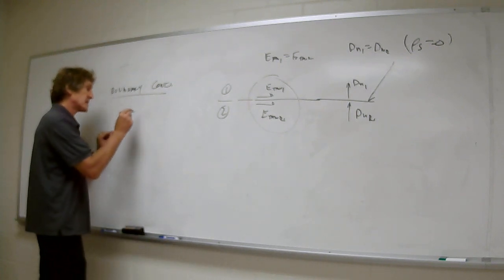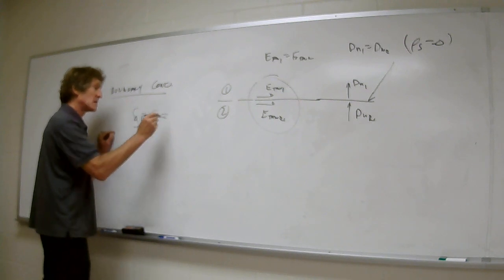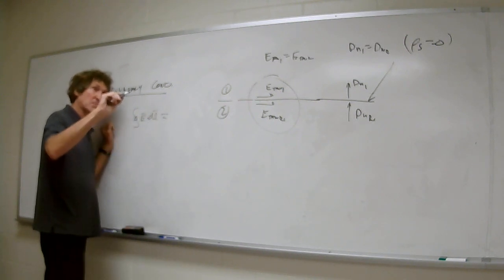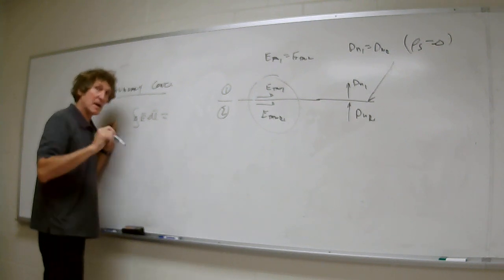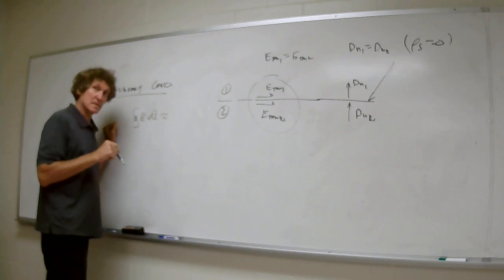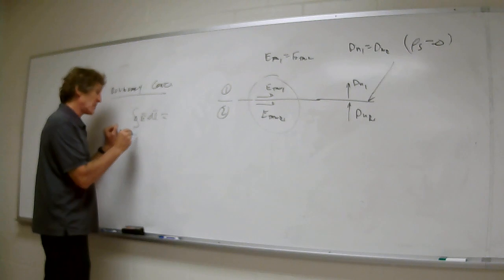Well, this is electrostatics, so what's the integral of E dot dl around a closed loop? Just a starting point: integrate the E field, think about gravity and work. If you move something in any path and bring it back to where it started, what's the net work done? 0, right? This would be the voltage between what?